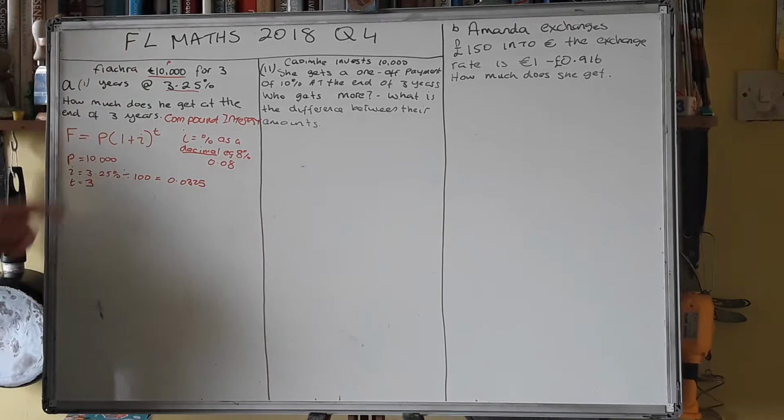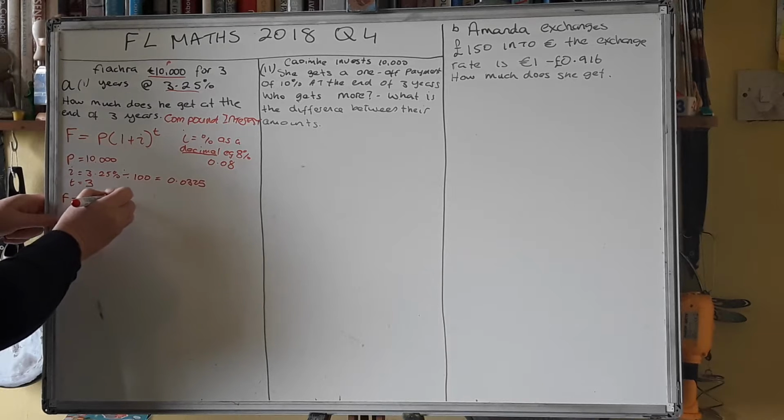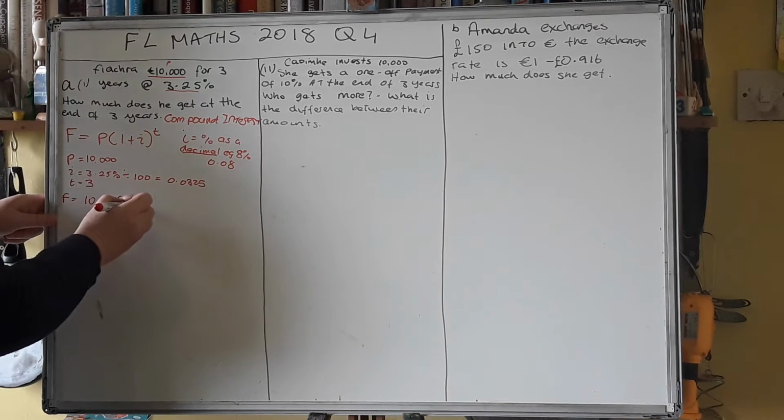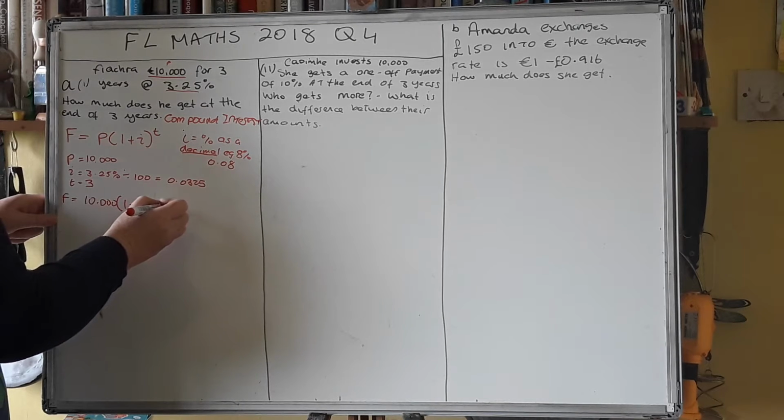So now you're simply going to put those in wherever those letters are. So F is equal to, instead of P you have 10,000, instead of I you have 0.0325, and instead of T you have 3.